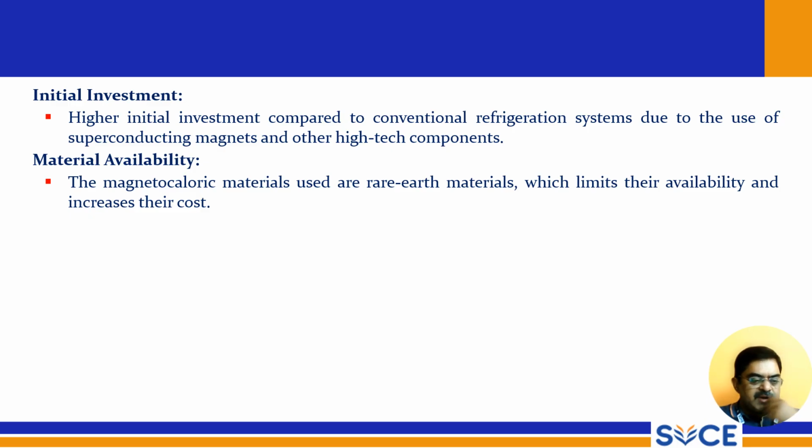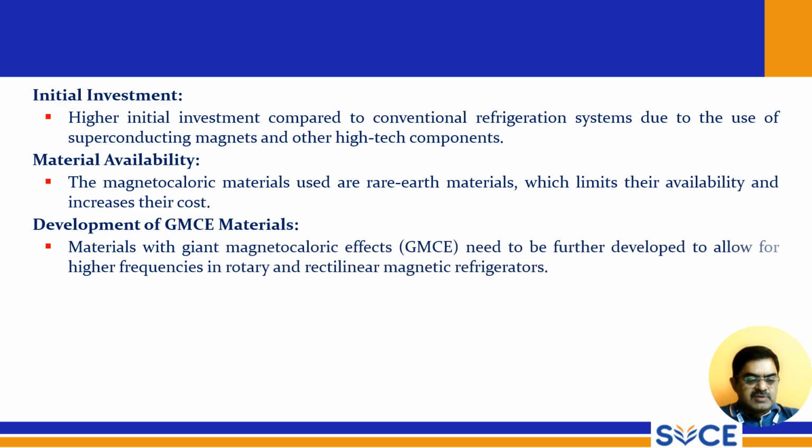Material availability: magnetocaloric materials used are rare earth materials, which limits their availability and increases their cost. Development of GMCE materials, the giant magnetocaloric effect materials: materials with giant magnetocaloric effects need to be further developed to allow for higher frequencies in rotary and rectilinear magnetic refrigerators.